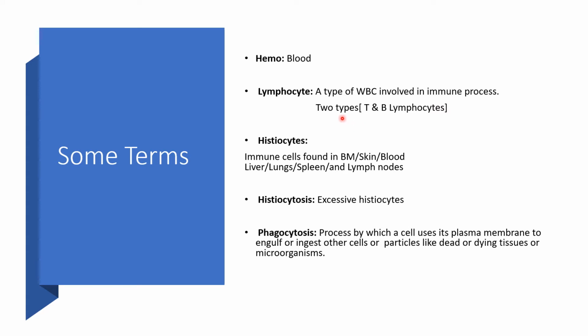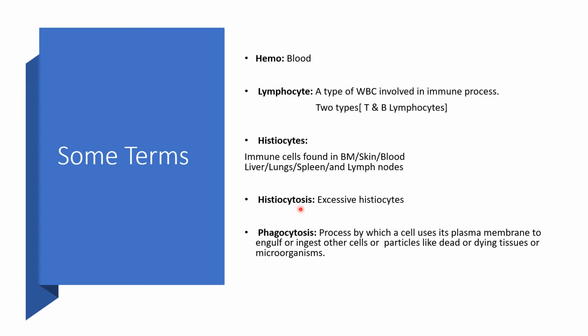We have two types of lymphocyte, T and B lymphocytes. Histiocytes are immune cells, and they are found in bone marrow, the skin, the blood, liver, lungs, spleen, and lymph nodes. Later on, you will understand why the clinical features will involve lymphadenopathy, splenomegaly, hepatomegaly, and so on.